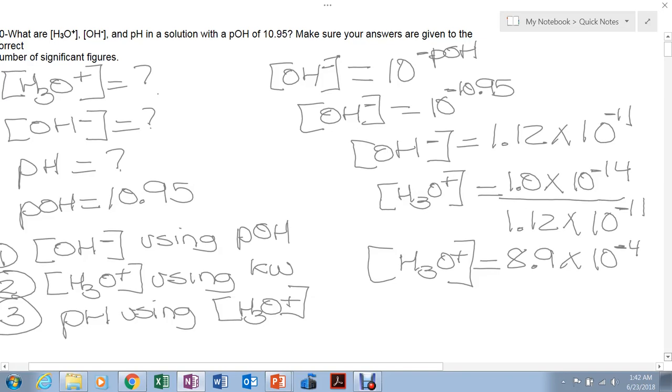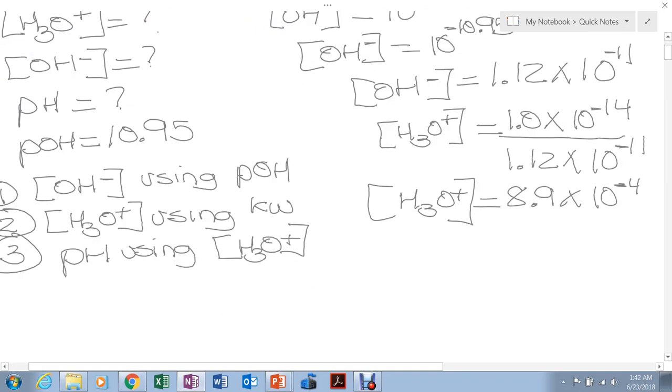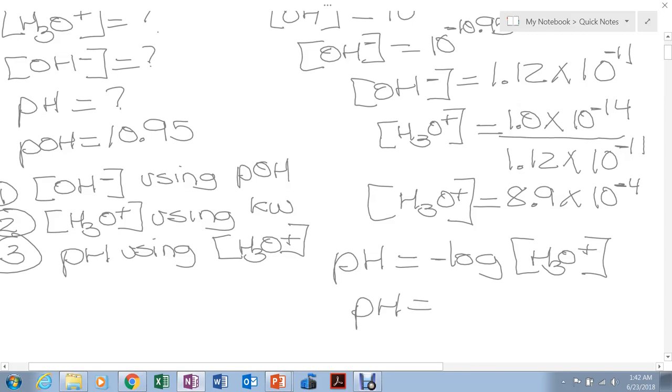And then finally we can find the pH. The pH would be minus the log of H3O plus, which is minus the log of 8.9 by 10 to the negative 4.